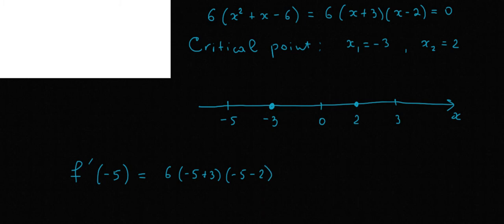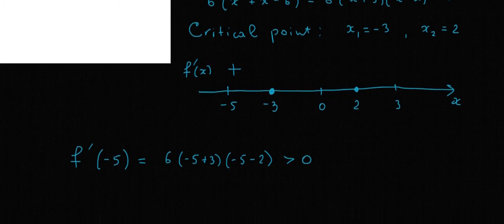Now you see that this value is a product of 3 numbers, where the first one is positive and the other 2 are negative. And so the result is going to be a positive number. The conclusion is that the value of our derivative is going to be positive anywhere on the first segment, not only at -5, but also at -6, or -4, or any other point on that first segment. So I will make a note of that, and I will put a plus sign above that first segment.